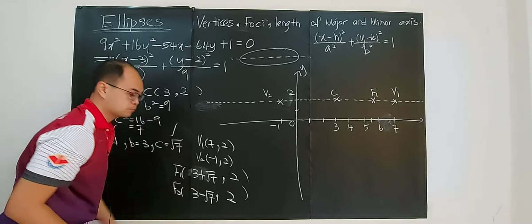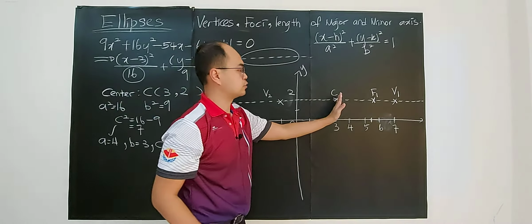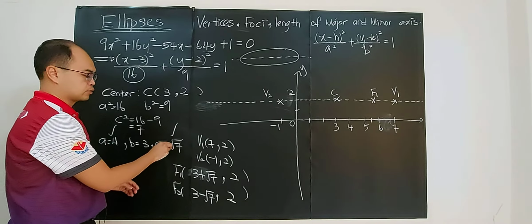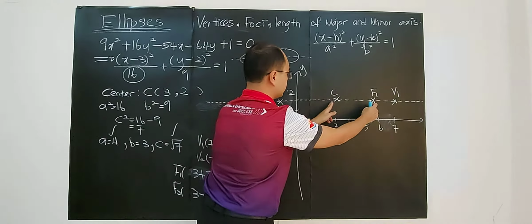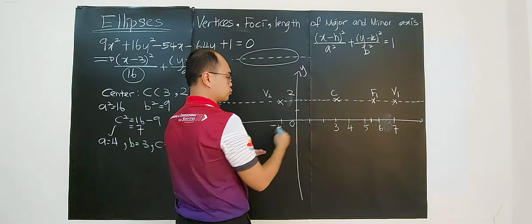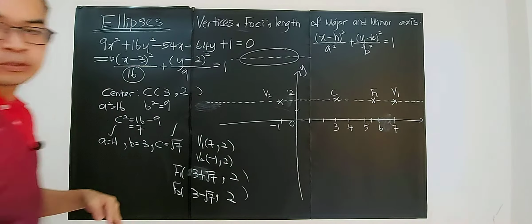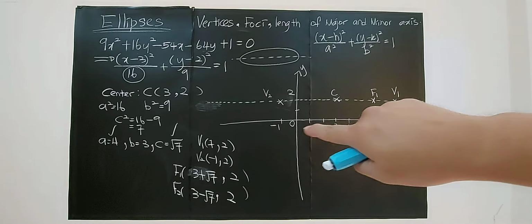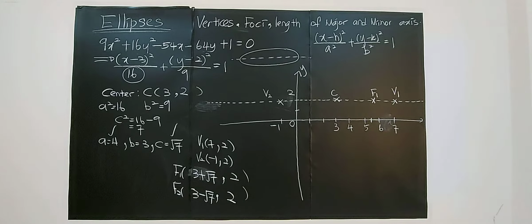And of course, one focus will be plus and the other will be minus. Do you know why? Because starting from center 3, you go backward square root of 7. So 3 minus square root of 7. You can just estimate: 3 minus 2.7 is around 0.4.